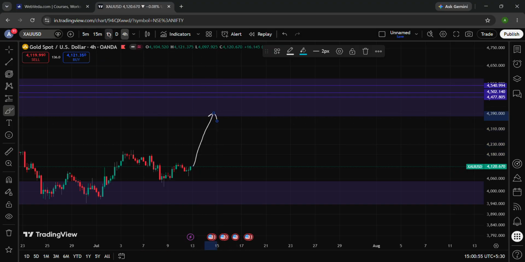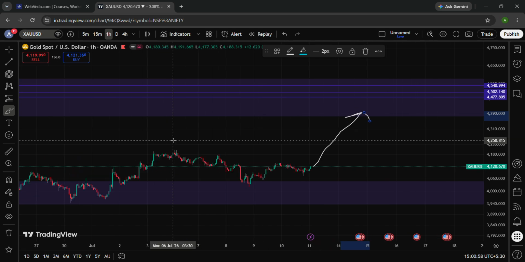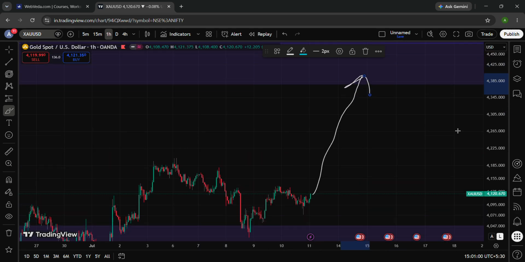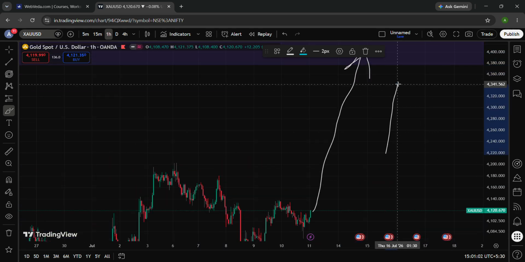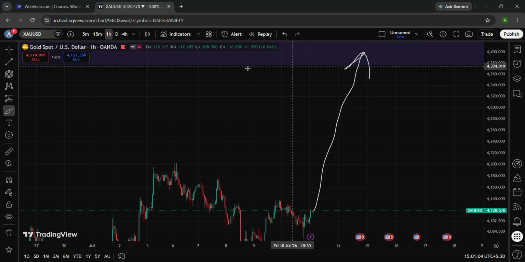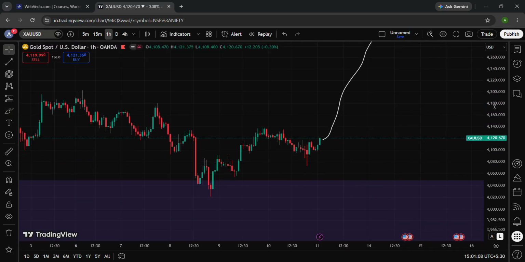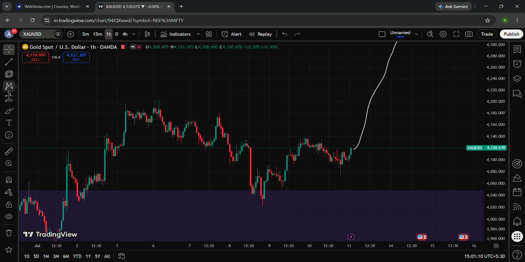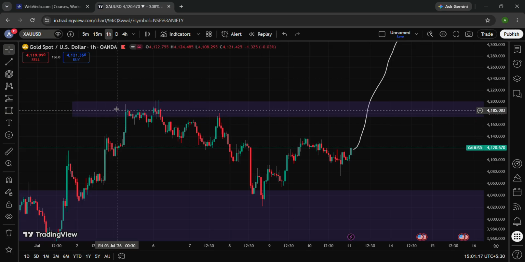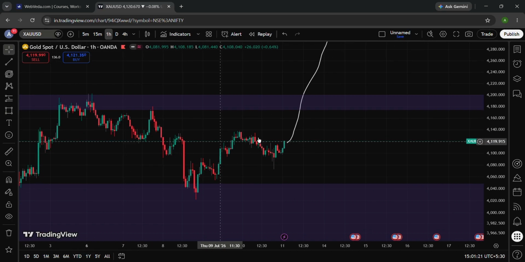Then you simply come to the 1 hour chart, and in the 1 hour chart we see that this is a resistance position for us. If you see on the shorter time frame, this is a resistance position for us, and price moved here and could not break the resistance.